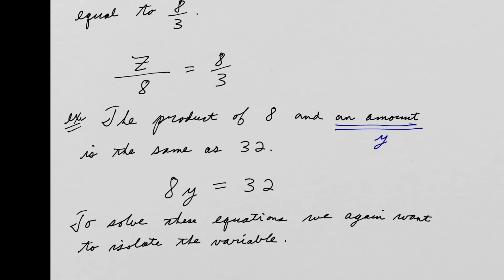Basically, we want to find an equivalent equation, right? One that has the same answer, but where the variable itself is by itself. It's isolated on one side, because then it's easier to read off the answer.